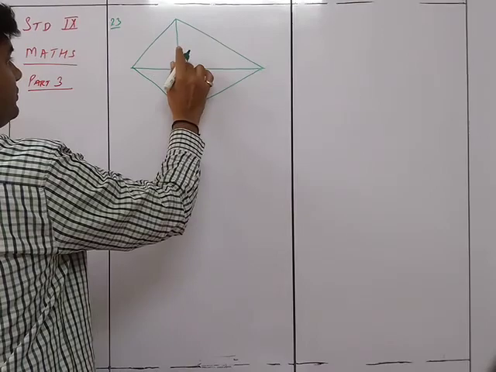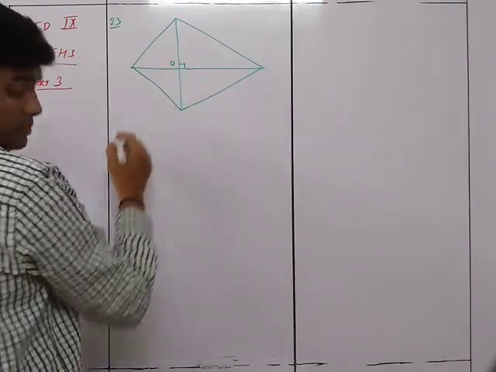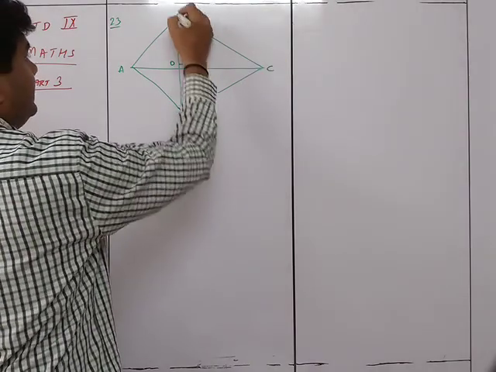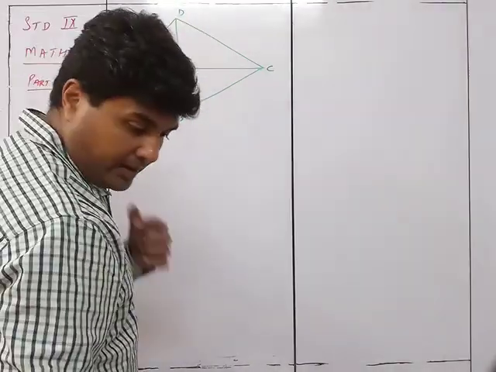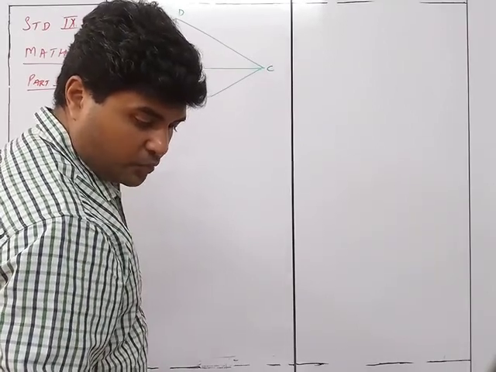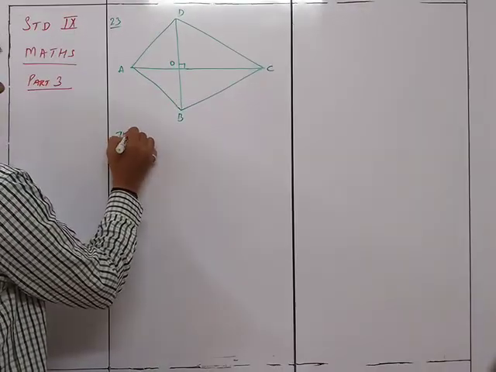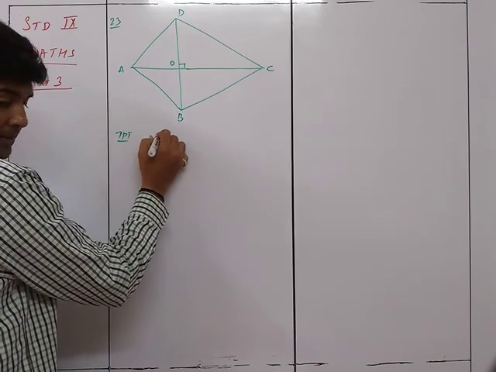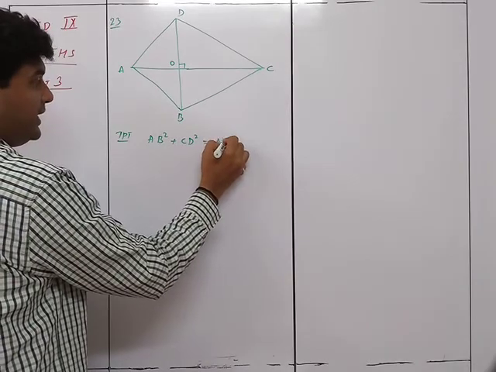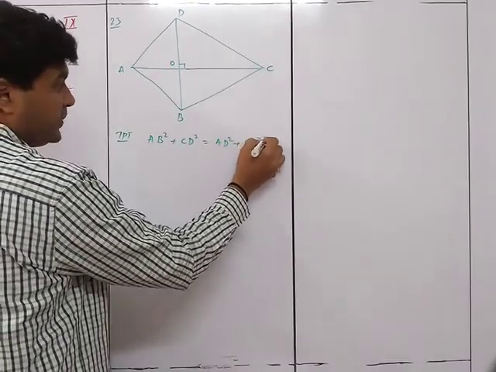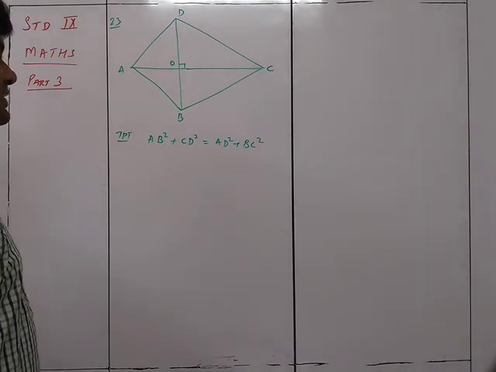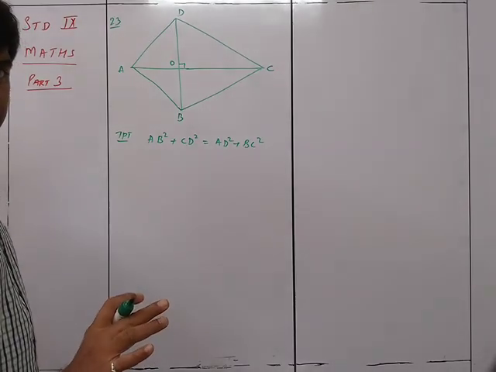They are given that this is O, this is A, B, C, D, and they are given that the diagonals of quadrilateral ABCD intersect at right angles. We have to prove that AB square plus CD square is equal to AD square plus BC square. Okay, this is again an easy sum.